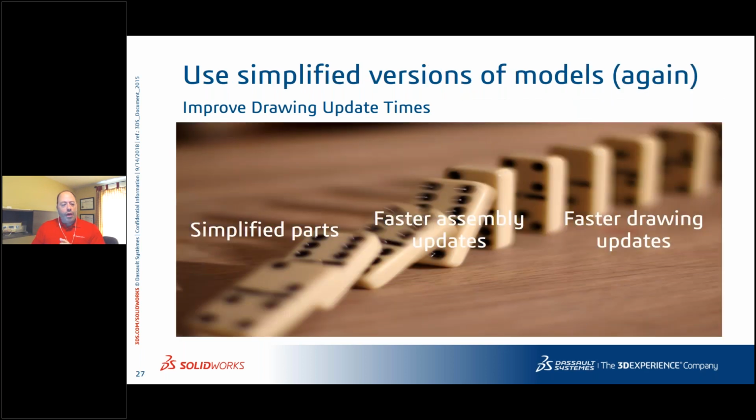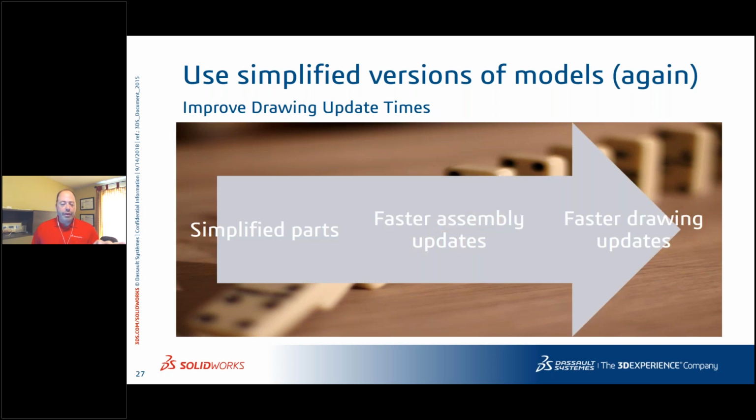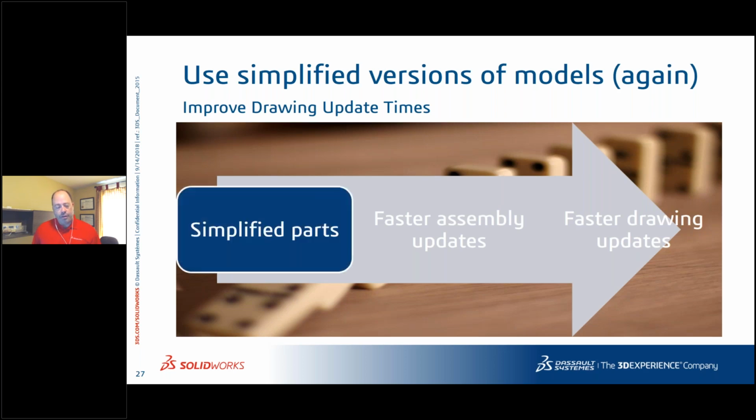Also, one thing you want to be careful of is simplified versions of models. I spoke about that when we were talking about assemblies, creating simplified versions, in my first webinar, part 1. Basically, everything you do in assembly to gain performance is going to reflect in drawings 99% of the time.